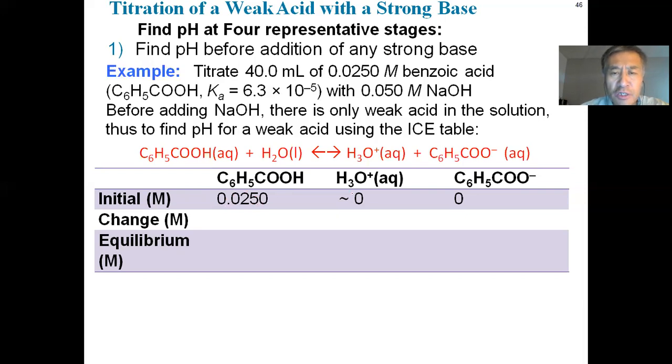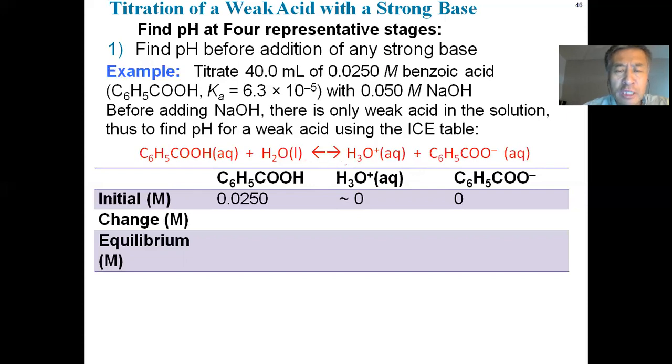The initial concentration of H3O plus is approximately 0, because we neglect the H3O plus that comes from water auto-ionization. And the benzoate, our conjugate weak base, has initial concentration 0.